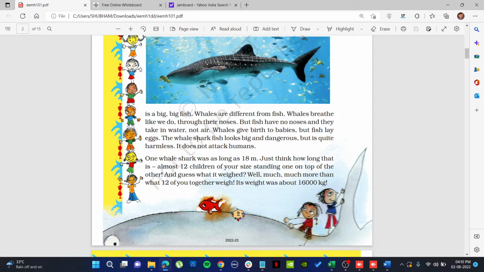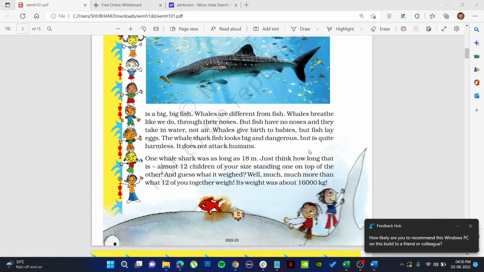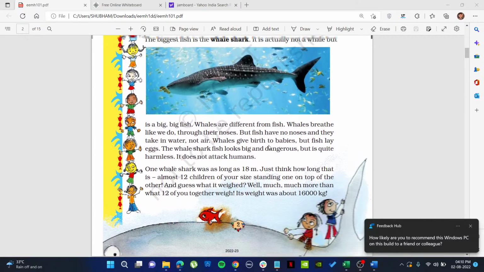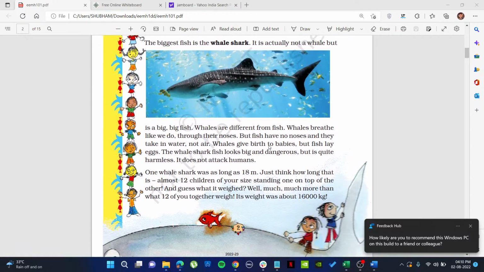The whale shark fish looks big and dangerous. Whale shark is very dangerous. But when it comes to them, they are harmless.